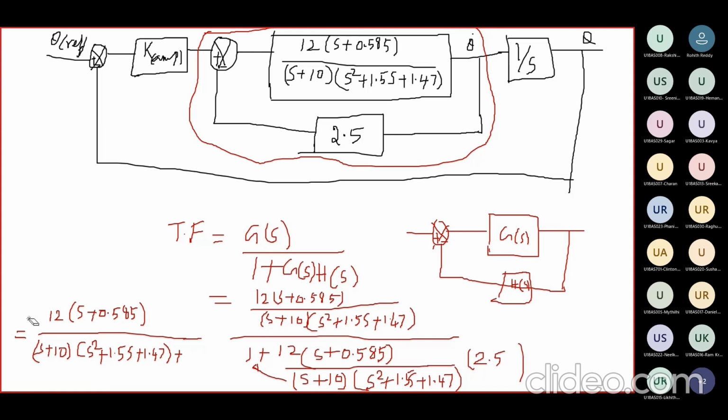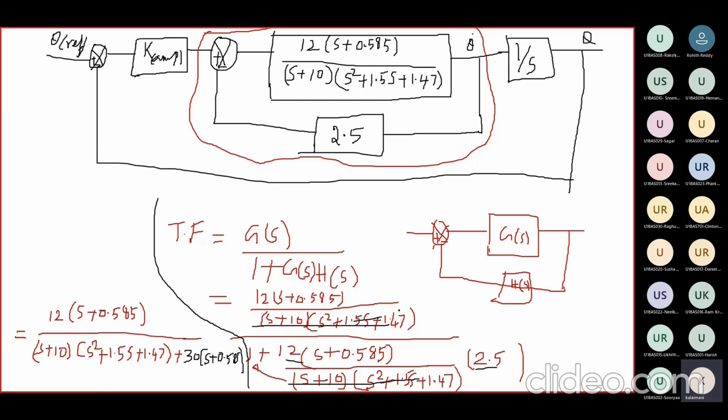So we use here 12 into 2.5, just multiply these two values, means 12 into 2.5, that will get 30 times of s plus 0.585. Okay, then divide by s plus 10 into s square plus 1.5s plus 1.47. This term will be cancelled. Once we cross multiply, then we cancel this term.